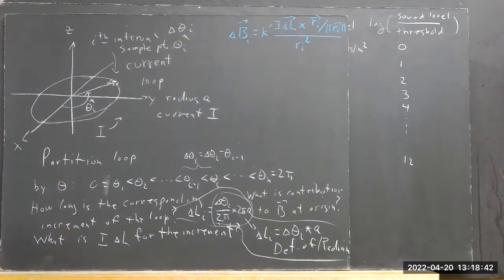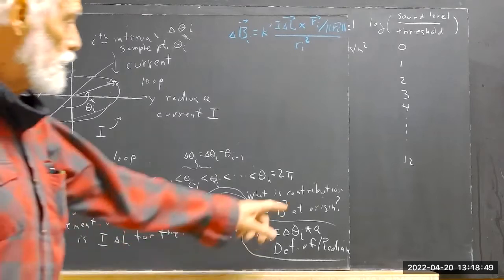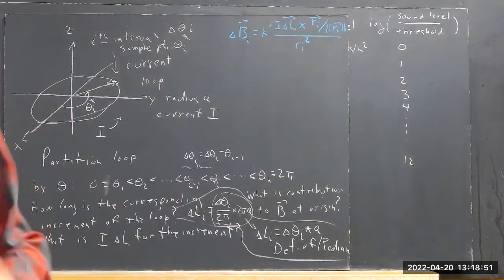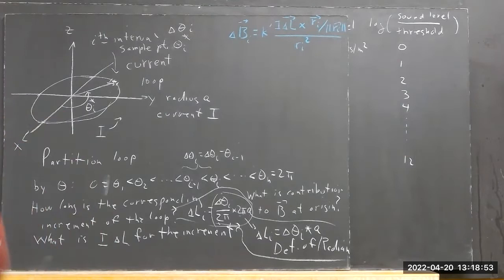Okay, now let's go on. What's delta L for these higher increment? And what's the contribution to the magnetic field? Once you have your delta L, it should be fairly straightforward.